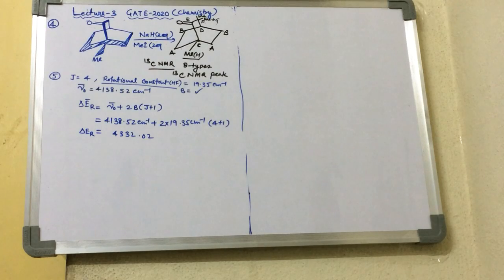Okay, this is the correct answer. Okay, so R branch of vibrational and rotational spectrum in IR region appears like this. Okay, delta E R is equal to this. Okay, hopefully you understood. Now next question.